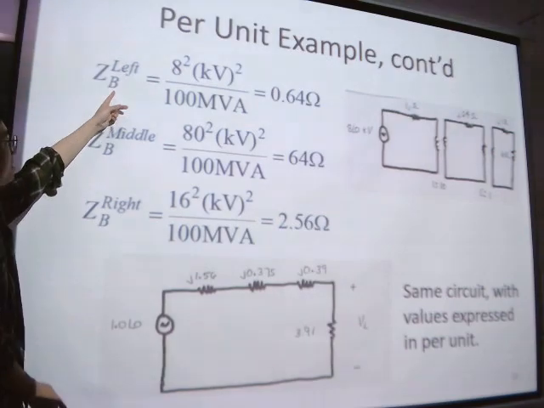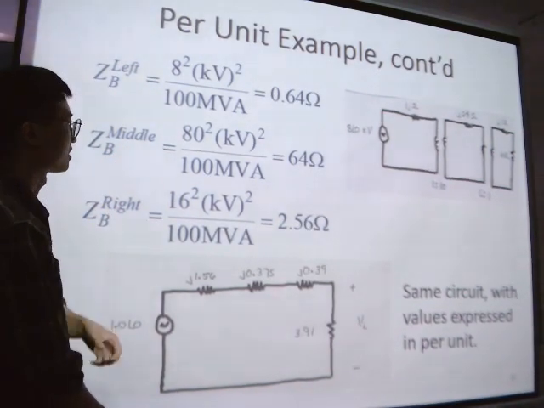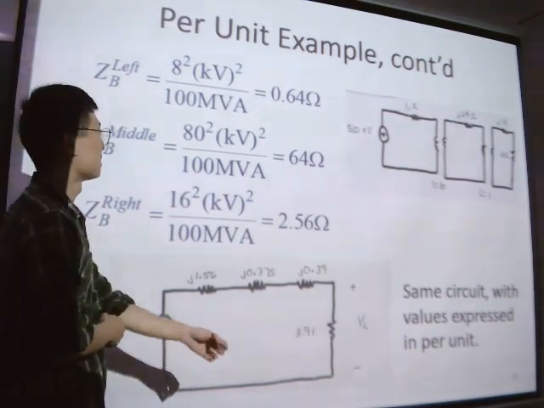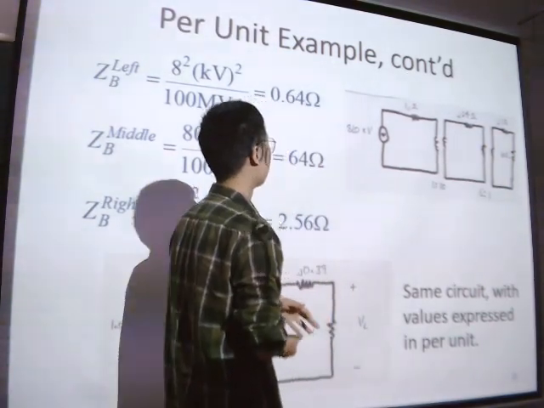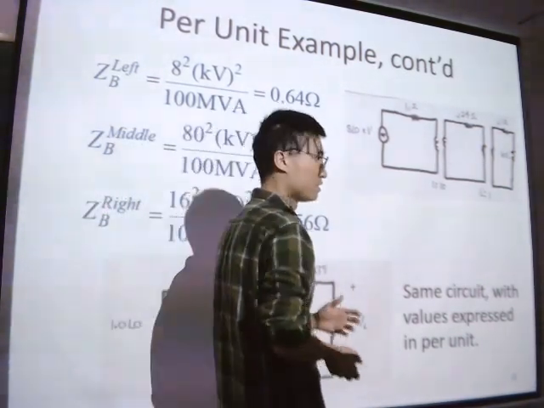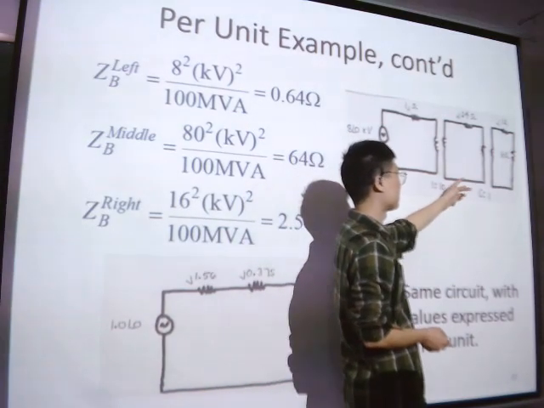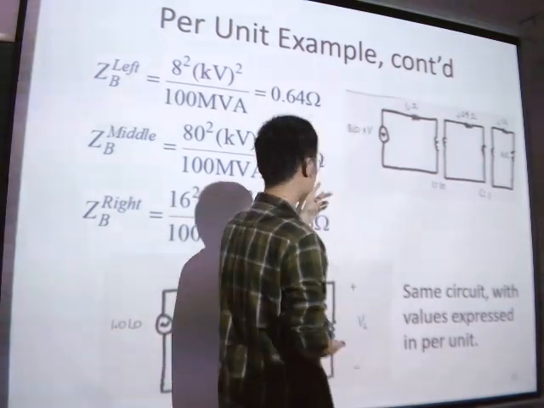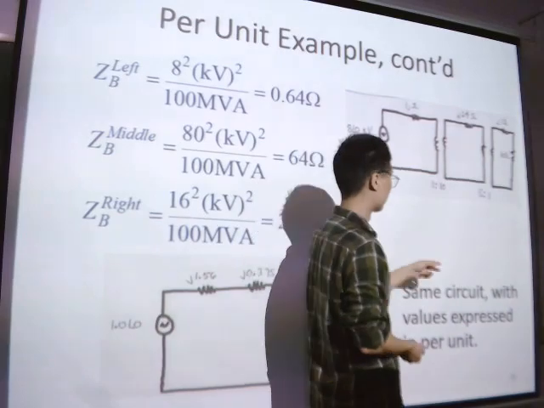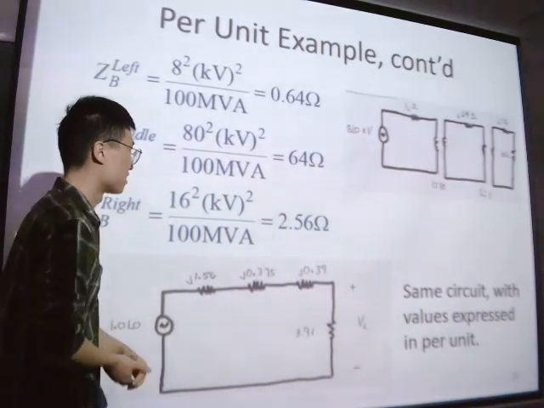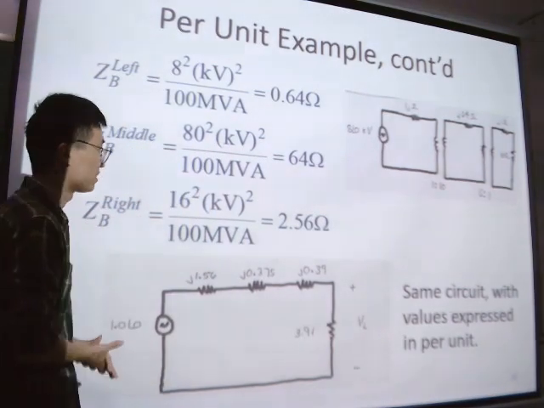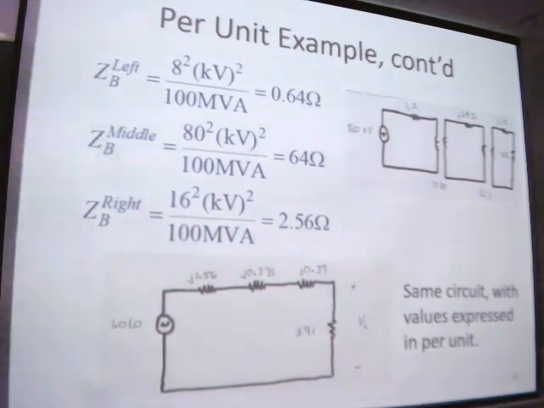Left, middle, right: the base for the left is 0.64, the middle is 64, and the third part is 2.56 ohm, okay? So there are the per unit bases.